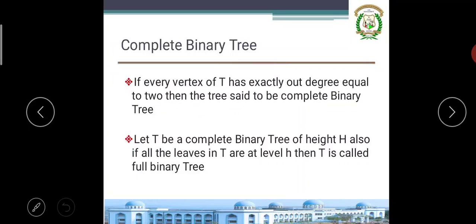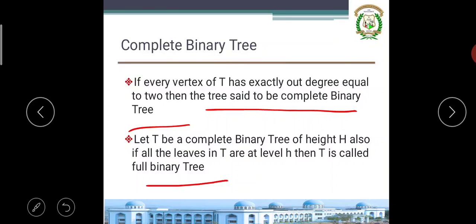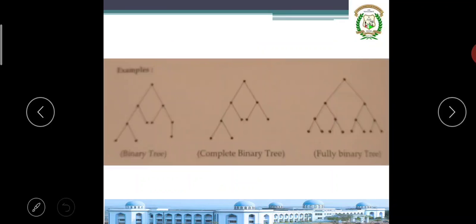A complete binary tree means every vertex of T has exactly out degree 2. Let T be a complete binary tree of height h; if all the leaves are at level h, that's called a full binary tree. I will explain that so the concept will be very clear to you.